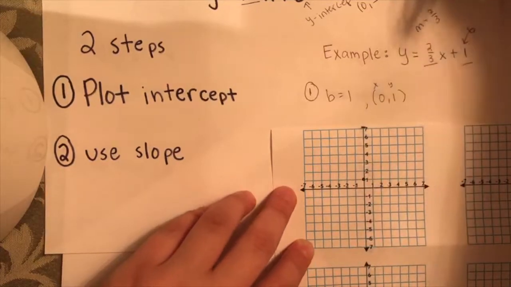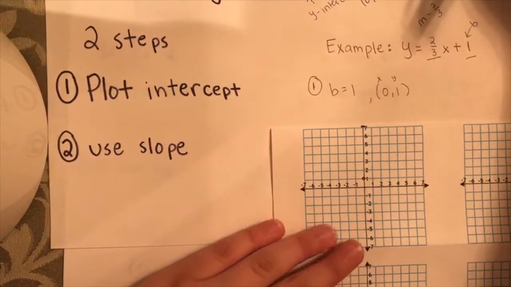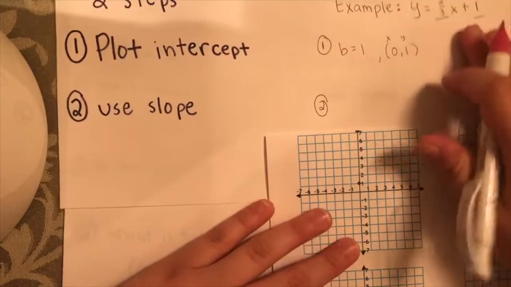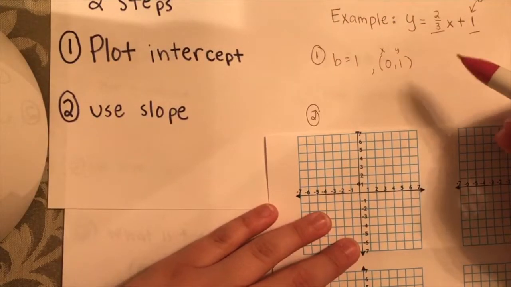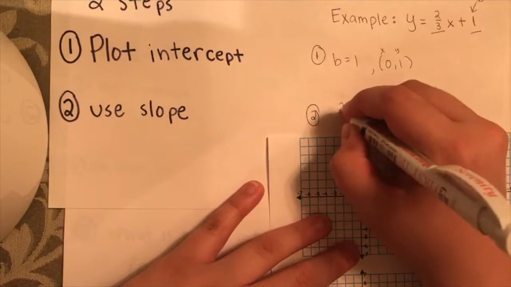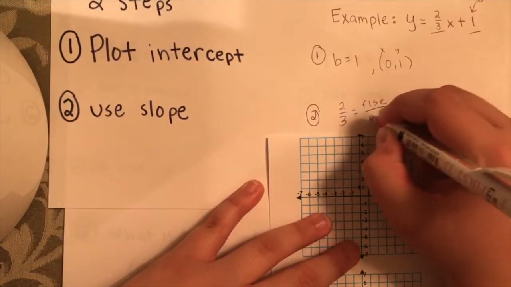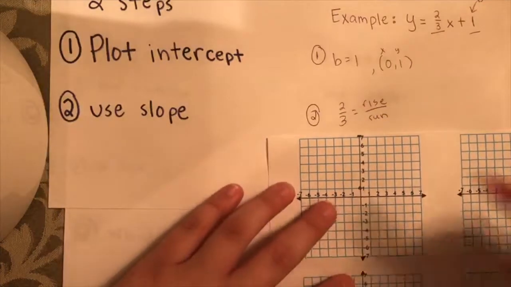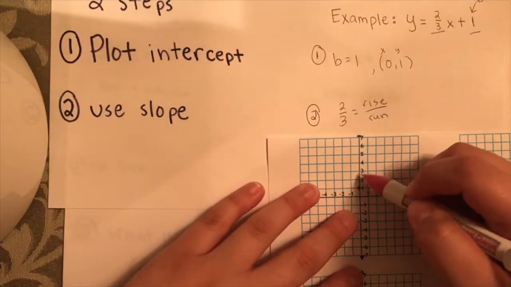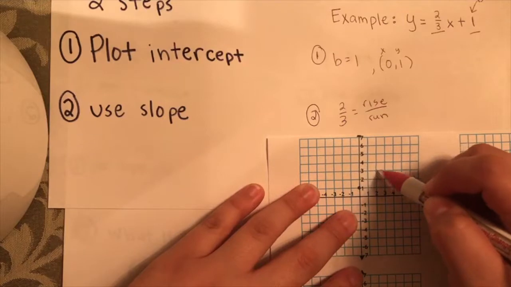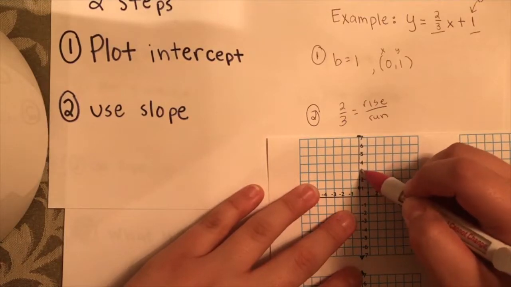All right, what's step 2? Step 2 is to use the slope to find another point. So our slope is 2/3. 2/3 equals rise over run. So we go up 2 and over 3. So we rose 1, 2.